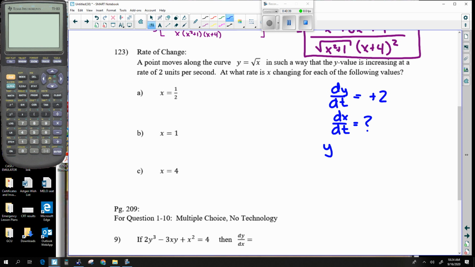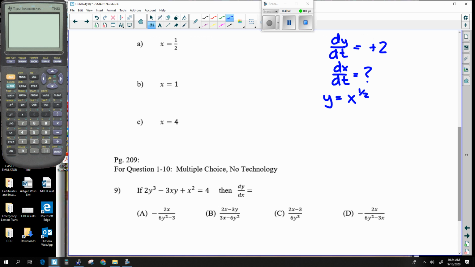So right now we have y is equal to the square root of x. And we need to get these with respect to t. So both of these, you have to add the dx or dy dt when you take the derivative. So the derivative of y is 1, so that's dy dt. The derivative of x is 1/2 x to the negative 1/2, and that gives a dx dt in that situation.